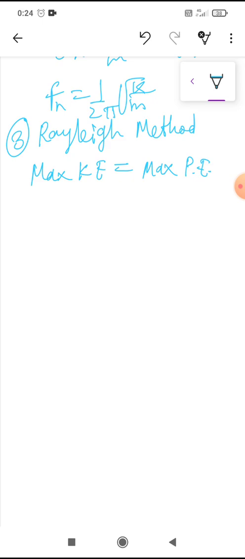So the total is the same, and both the kinetic and potential at maximum would be the same. Assuming this principle, Rayleigh derives the same equation which we derived by the last two methods.